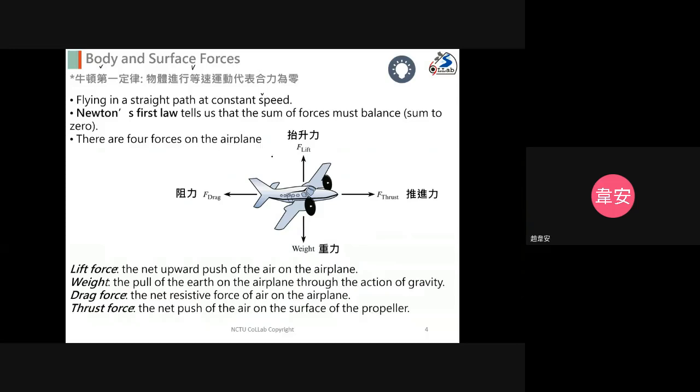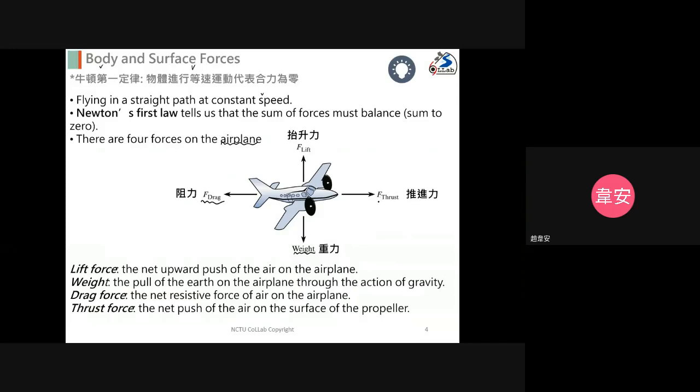But before we introduce the difference and comparison between the body and surface force, let's take an airplane as our target. How many forces do we have for an airplane? First is the weight, caused by gravity. Then we have the drag force contributed by the air.